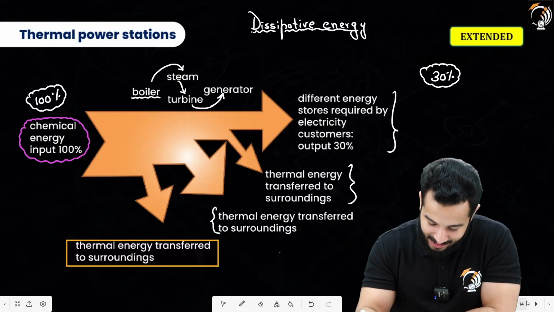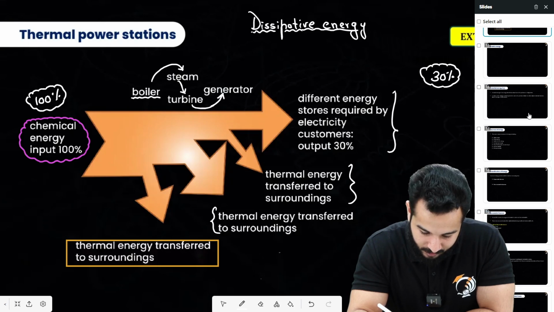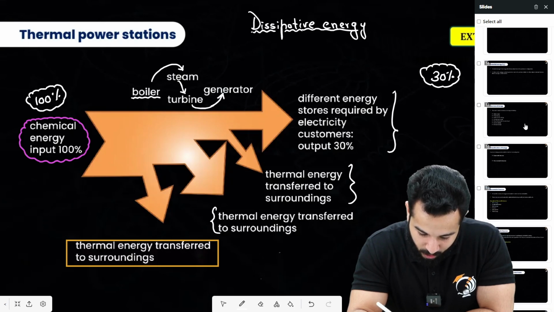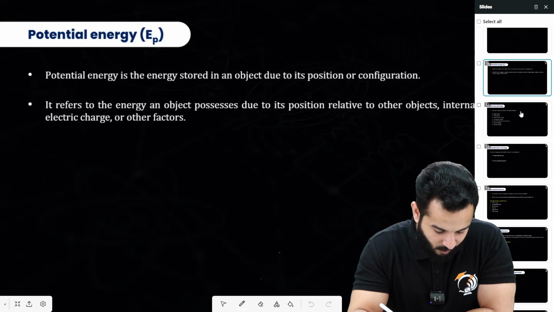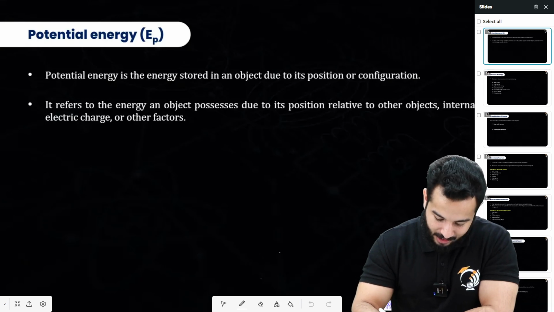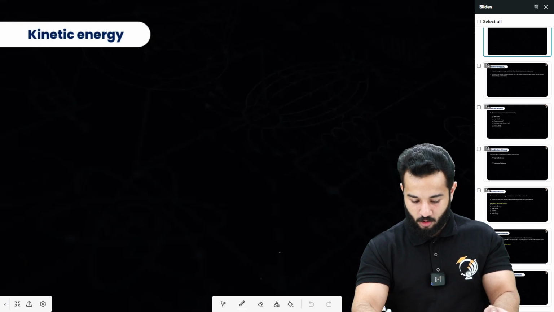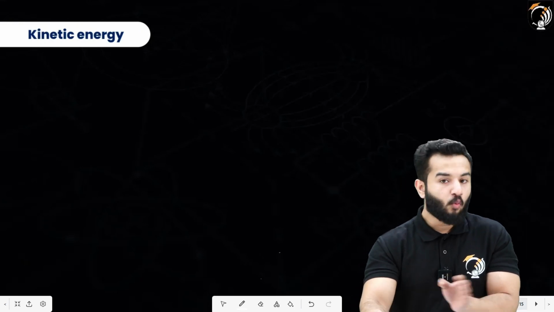Having said that, let's move to the next topic. We have already discussed what we mean by potential energy, but just to explain all over again, let's talk about kinetic energy and potential energy.